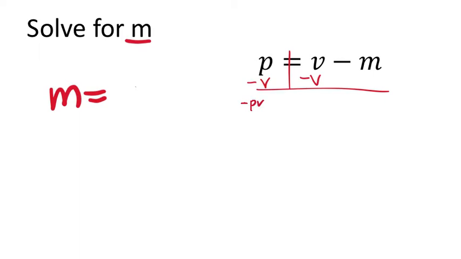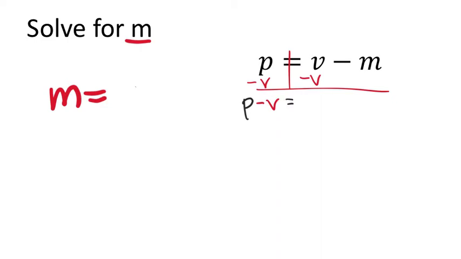No, that's a multiplication problem. This is subtraction, okay? This is the subtraction principle of equality. So it really ends up being p minus v like this, okay? Well, that's kind of funky, but it is possible to do because I've just applied the subtraction principle of equality to my v's in order to make this work, okay?